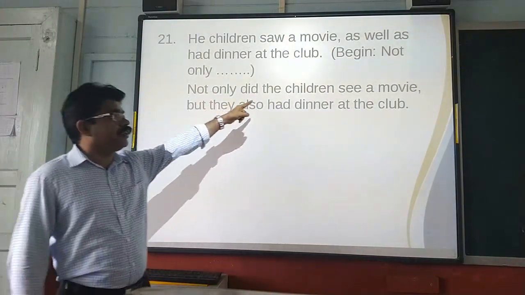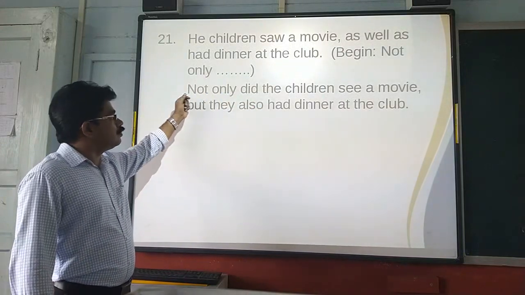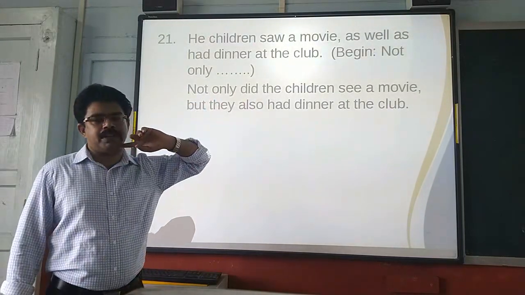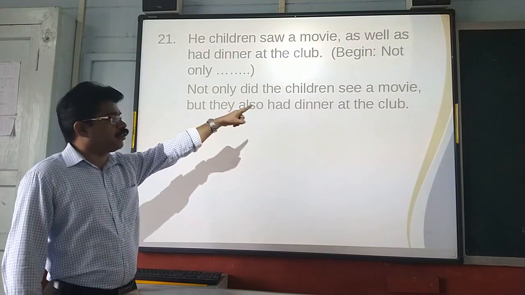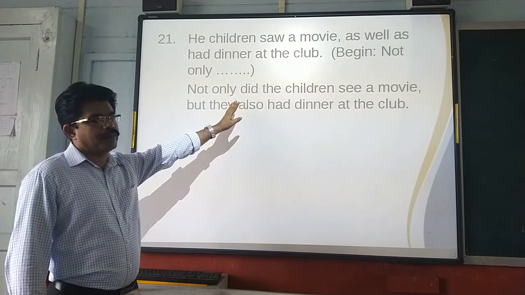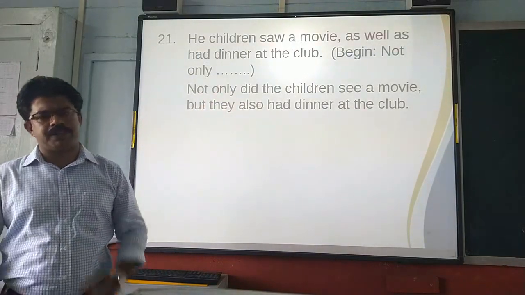Not only did the children see. Quite often this word is missing when children write the answer. Not only the children saw a movie, no. If you use it that way, it means somebody else has also seen the movie. That is not what they said.